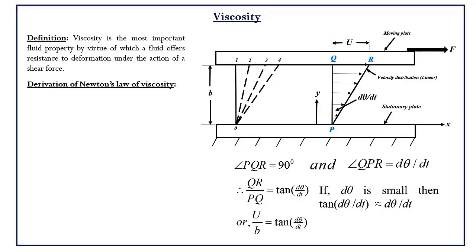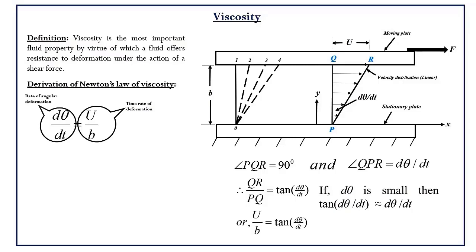Therefore, we can write d theta by dt is equal to U by B, where U by B is equal to the time rate of deformation and d theta by dt is equal to the rate of angular deformation.